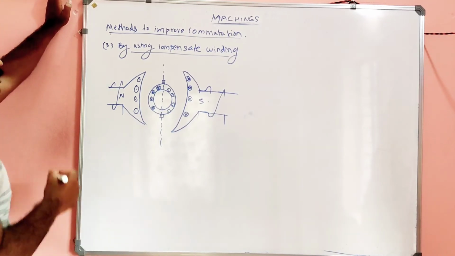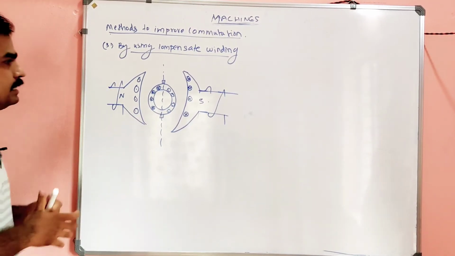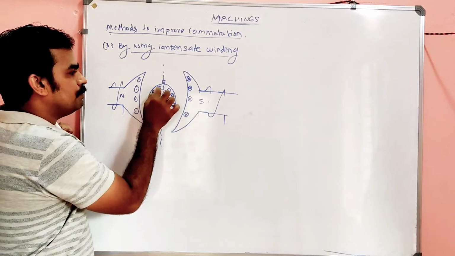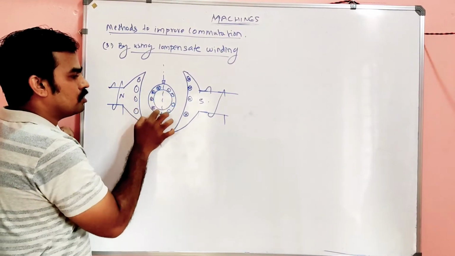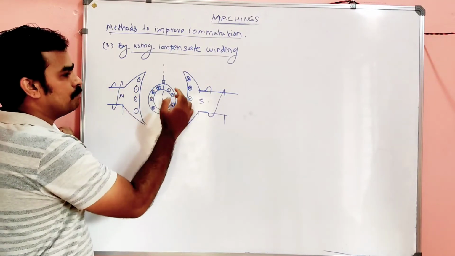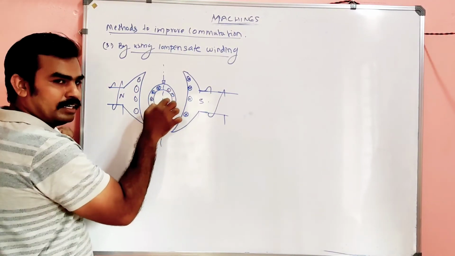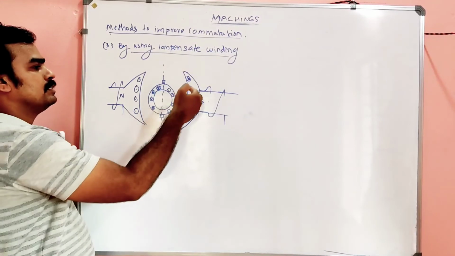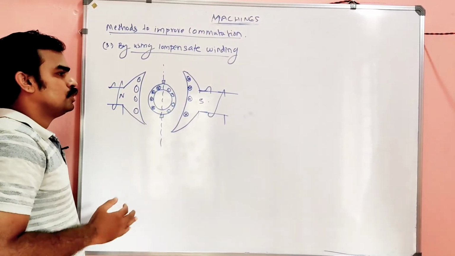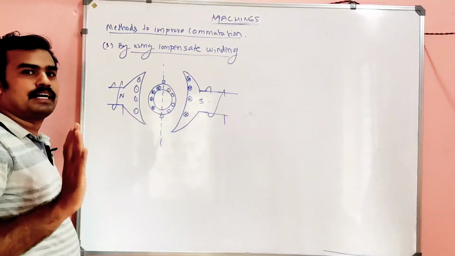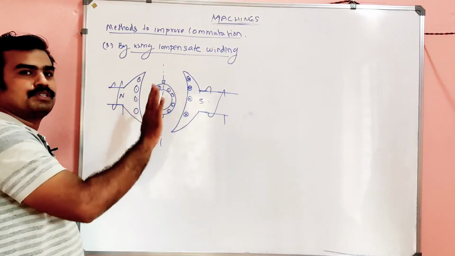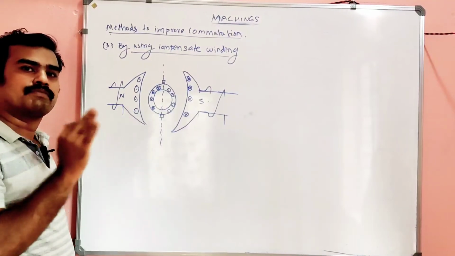Okay, listen my dears. By using compensating winding, see, this is the armature and there will be some conductors in the armature. Suppose this will be cross because it's under the N pole, and this will be S. So dot means current inside the coil. Suppose it is under the S pole. The flux produced in the armature conductor is the reason for what, my dears?